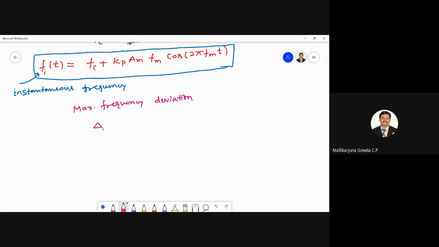What is the definition of delta f? It is equal to the maximum of the instantaneous frequency fi of t minus the unmodulated carrier frequency fc, right? So now you know the value of fi of t and fc. So what do we get here? So that minus fc plus fc will get cancelled.